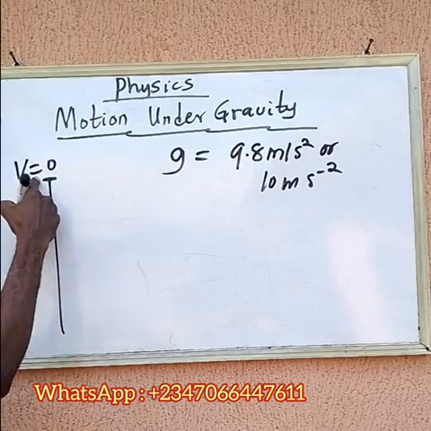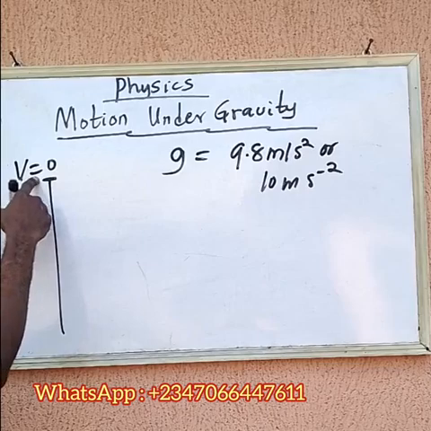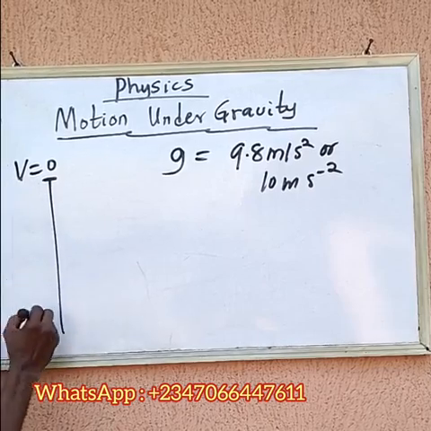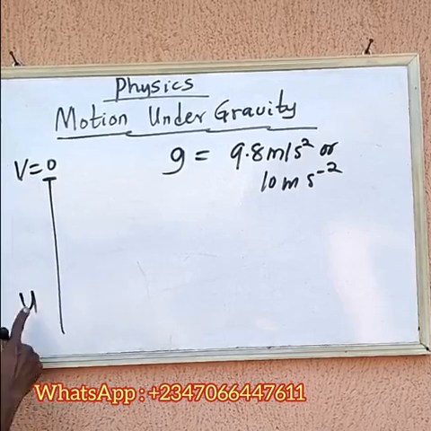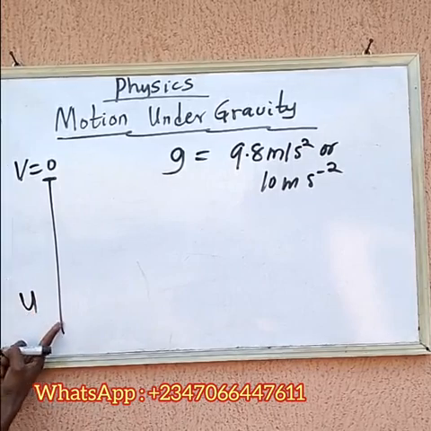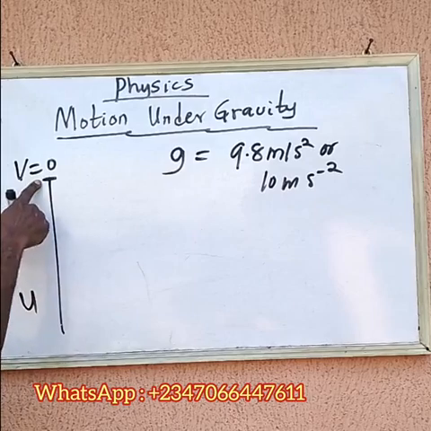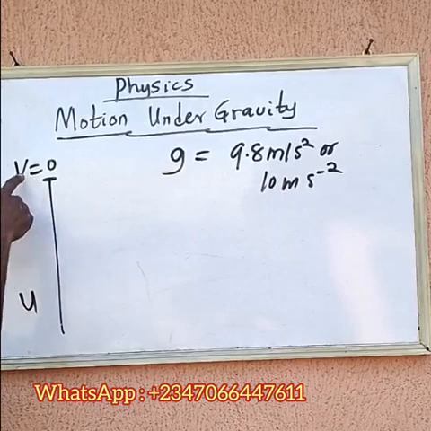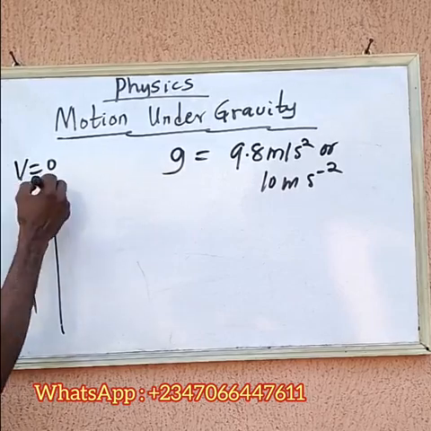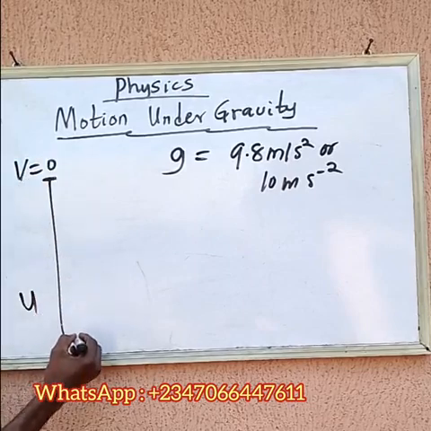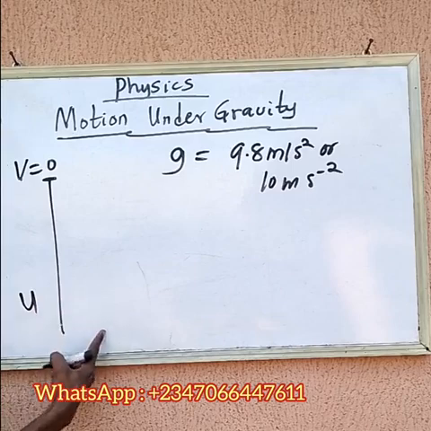That is, here we have the initial velocity, which is what we use in projecting this object. Getting to this point, the velocity decreases, and at that point the object starts coming down, until it comes back to the original point of projection.